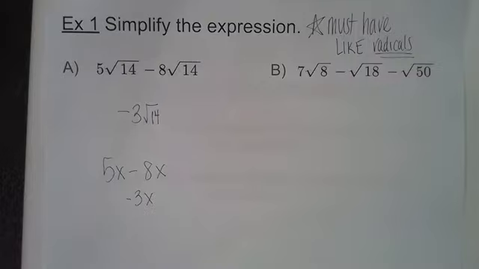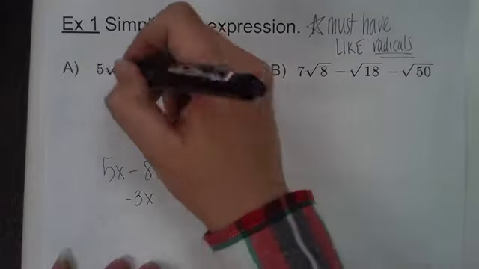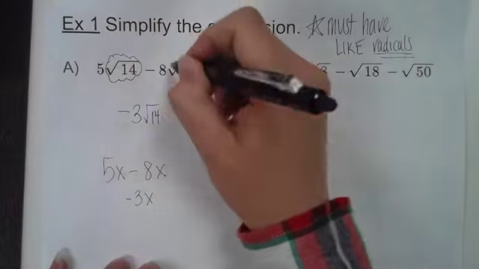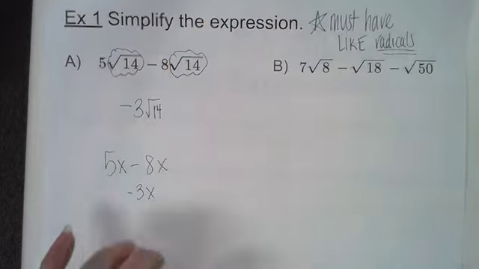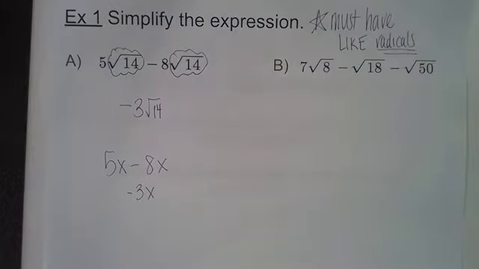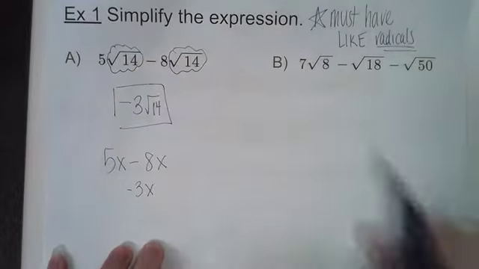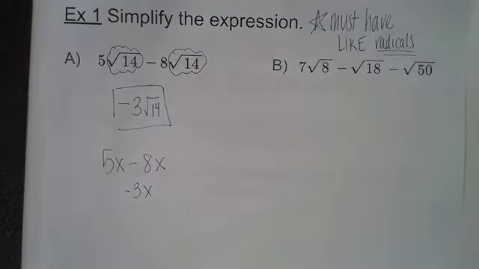These are what are called like radicals because they have the exact same radical, square root of 14 in both of them. This is simplified. That's all I can do.